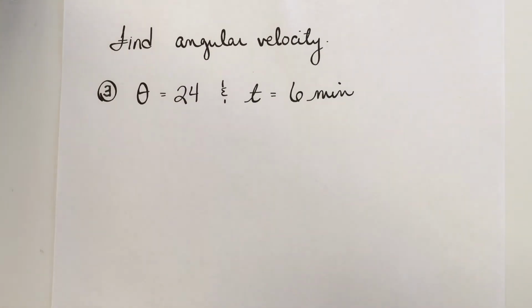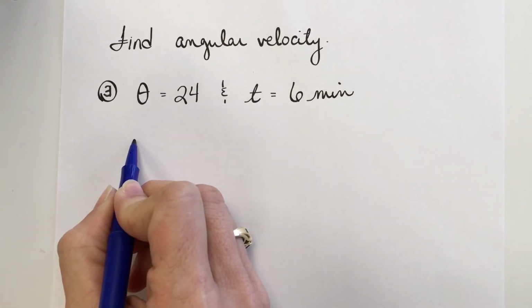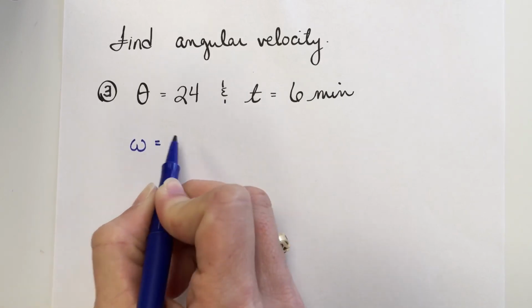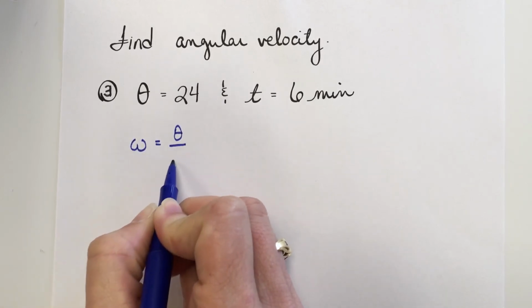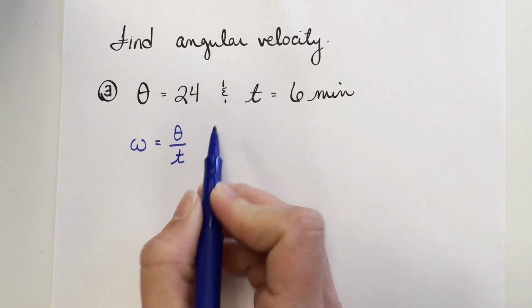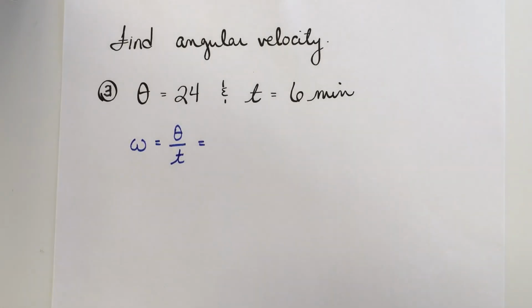Okay, so this time we're asked to find the angular velocity, and you're given theta and you're given t. All right, so if you look at your formulas, you have omega is equal to theta divided by t. Okay, so anytime you're dealing with theta, remember theta has to be in radians.